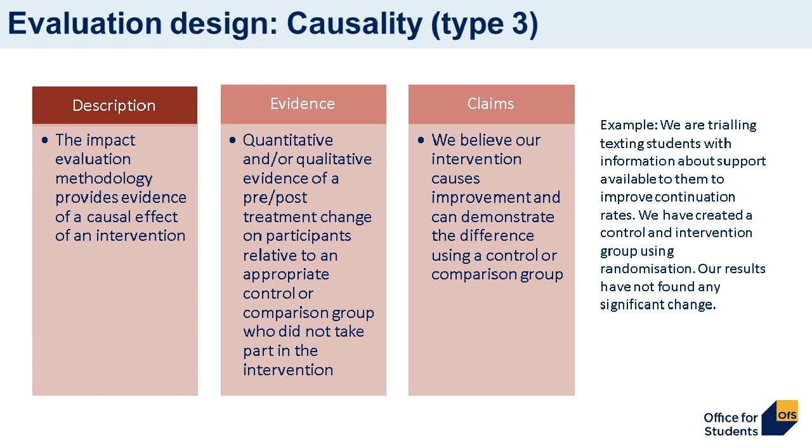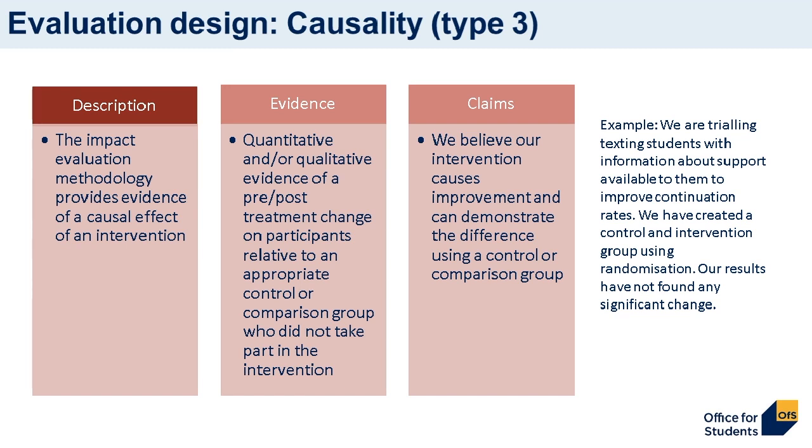And then the last, type 3, is causality. So this is where there is evidence of a causal effect. This could be using qualitative or quantitative data, and the evidence generated suggests that participants receiving the intervention show positive change relative to a control or comparison group who didn't receive the intervention. This type of evaluation is not an expectation, but it is recommended for certain types of interventions, which I'll come on to on the next slide.